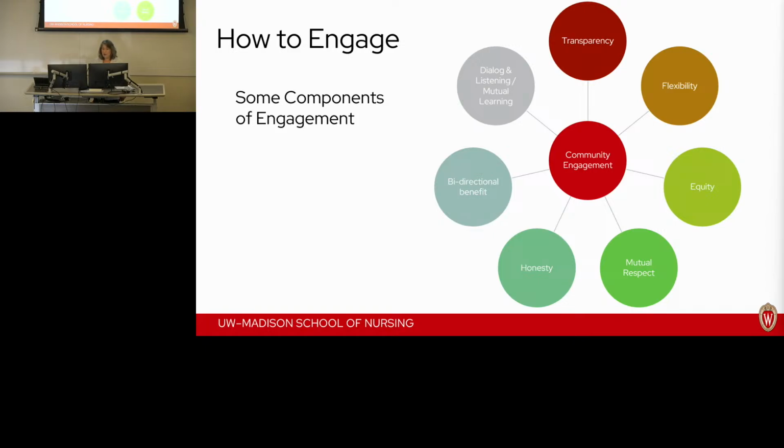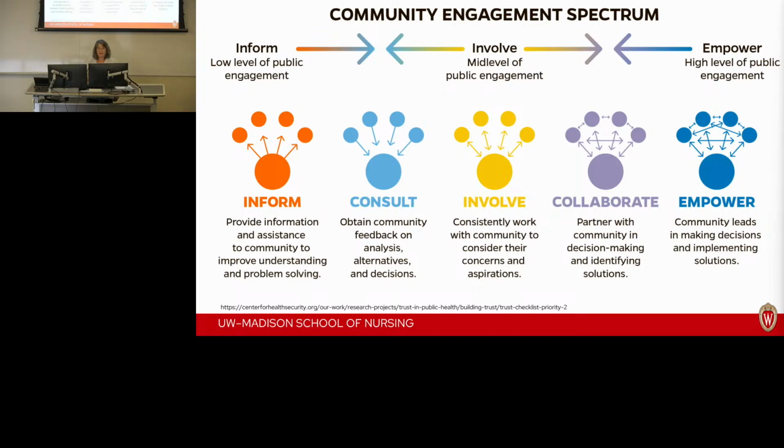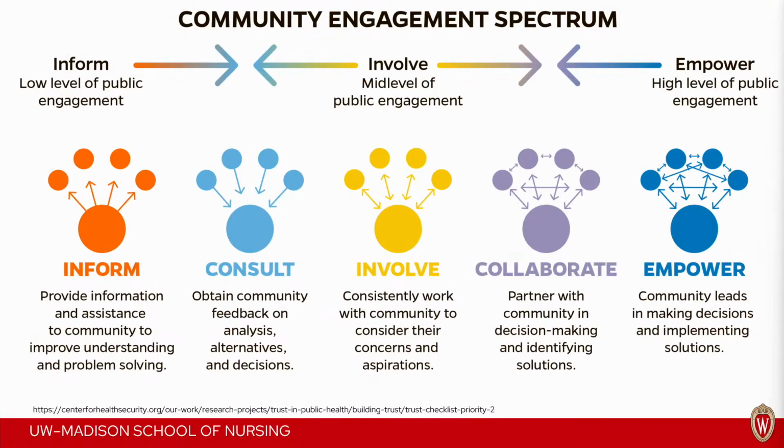Also, dialogue and listening, mutual learning, that's how we communicate with one another. And then my last slide, and I'll turn it over to my colleagues here, is just to point out that there is a continuum of community engagement. So at the very low end of involvement, there might be just informing the public of what you're doing, or consulting with a community group, for example, like a community advisory board.